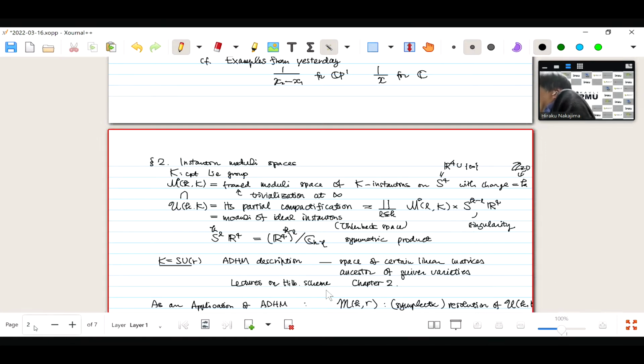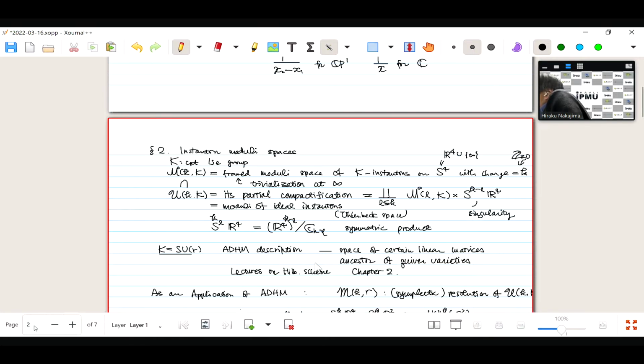But the ADHM description is a much simpler equation. This is an equation on linear matrices, an algebraic equation instead of a partial differential equation. So this is a nonlinear equation, but an algebraic equation. So in that sense, much easier to handle.